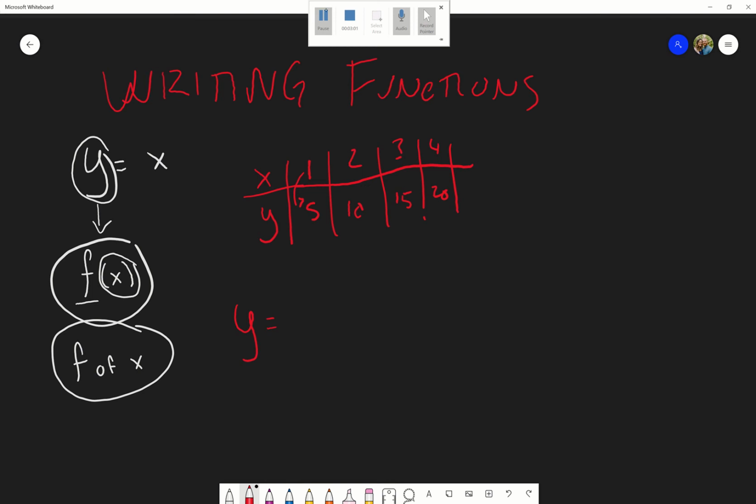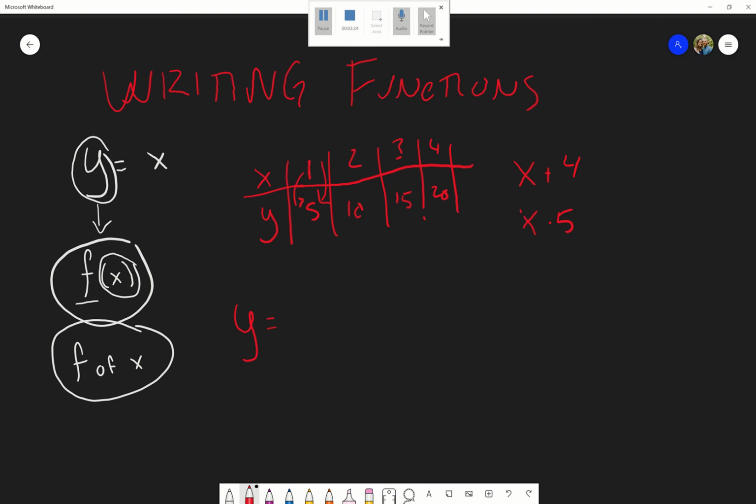Well, I can either do x plus 4, right? 1 plus 4 equals 5. So plus 4 might be an option, or it could be x times 5. 1 times 5 equals 5. So we want to check those based upon our x values.